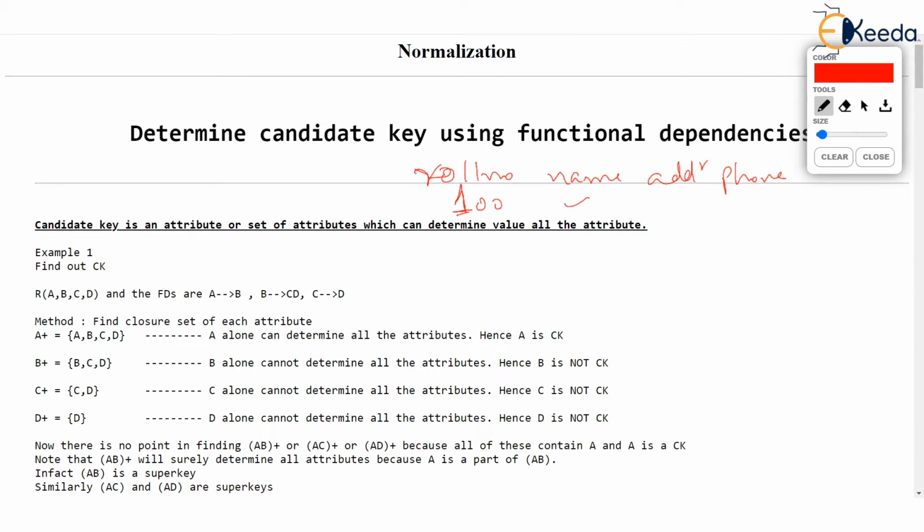That's how every student is recognized in an institution. Then roll number can determine name, address, and phone, the other attributes, which means roll number is a candidate key. But now you tell me, if roll number and name together is given to us, let's say this person is Samir.